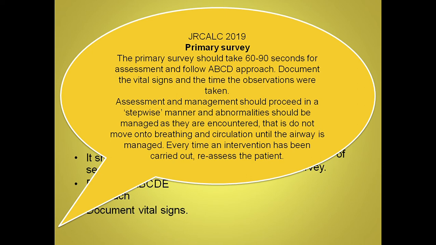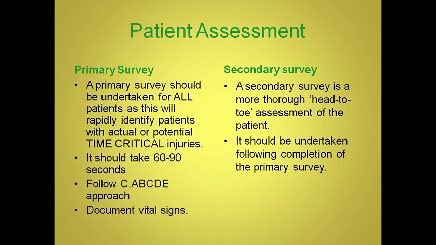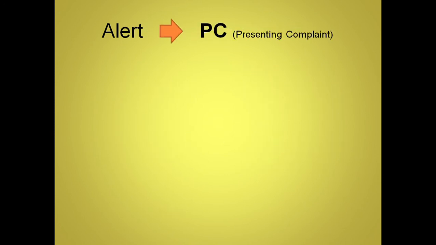That is, do not move on to breathing and circulation until the airway is managed. Every time an intervention has been carried out, reassess the patient. So there's the gold standard which we're talking about today and what we're following.